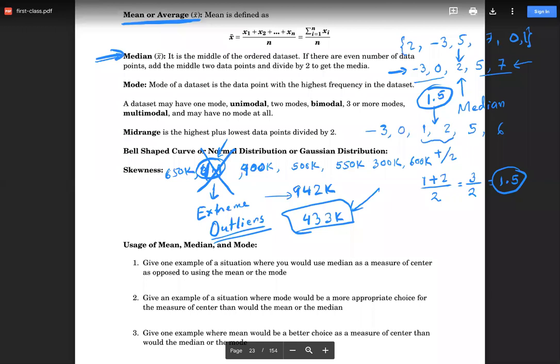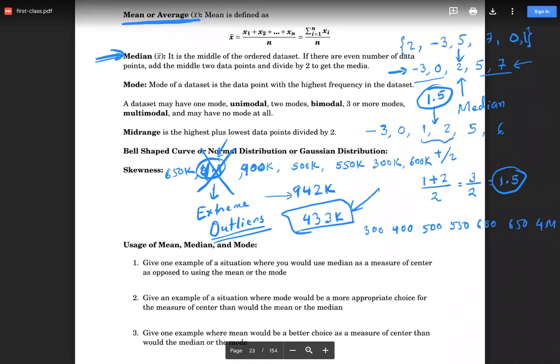Now look, if we take all these data points, including 4 million, the smallest is 300, then 400, then 500, then 550, then 600, 650, and 4 million.